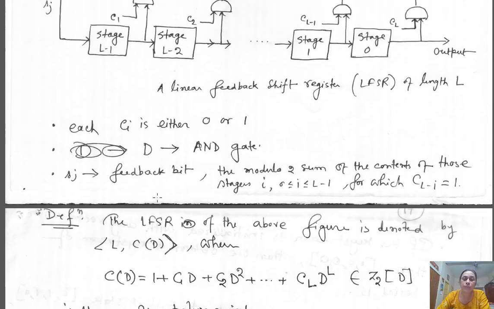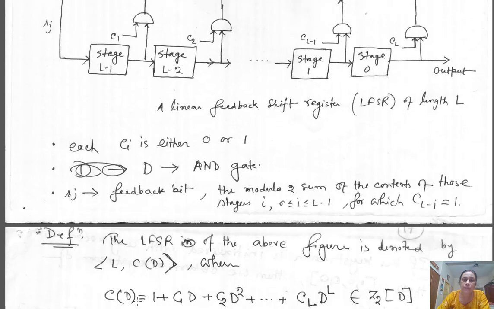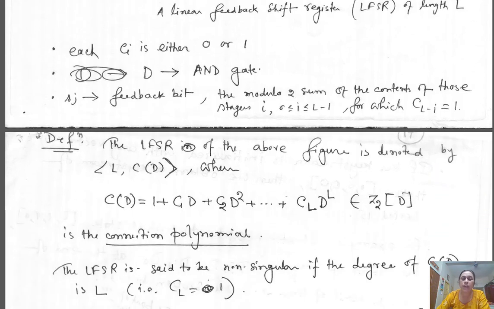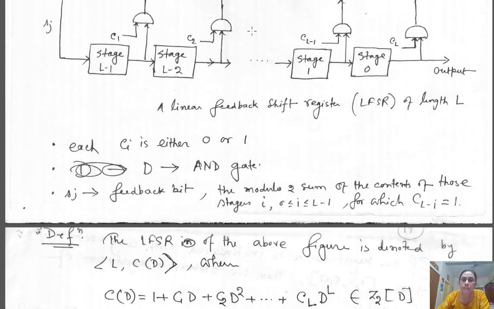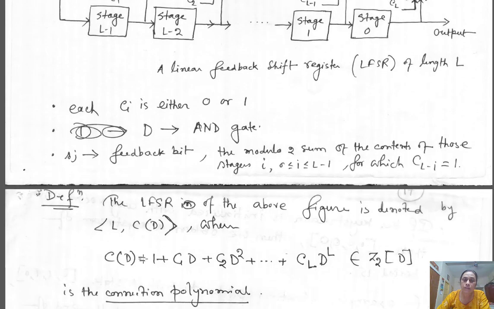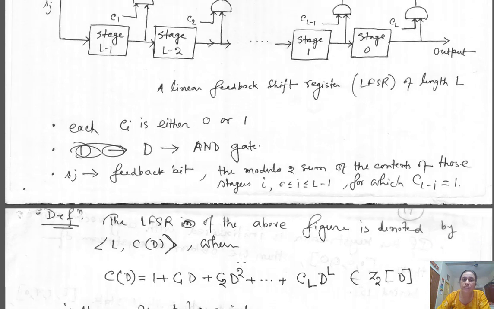The connection polynomial for this is defined to be C(D) equal to 1 plus C1 D. This is a polynomial in the indeterminate D, where D is a variable. So the connection polynomial corresponding to this is 1 plus C1 D plus C2 D square plus and so on up to C L D to the power L.